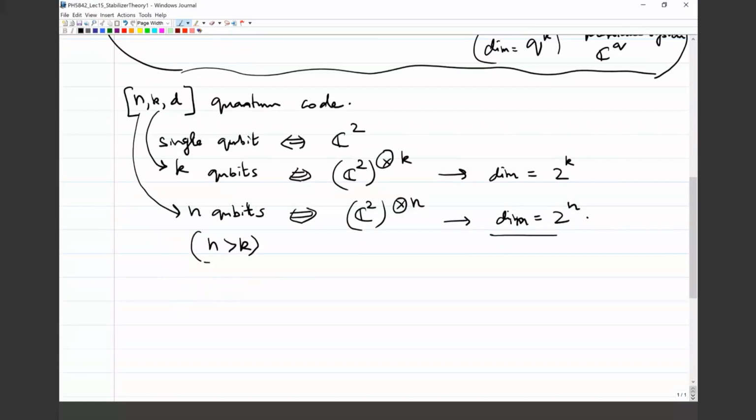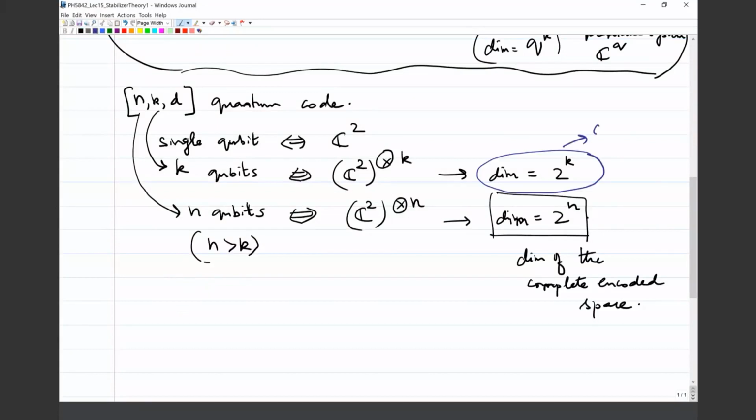So this is the dimension of the complete encoded space. What is the code space dimension? This is the code space dimension, because that is the information that you want to protect, right?